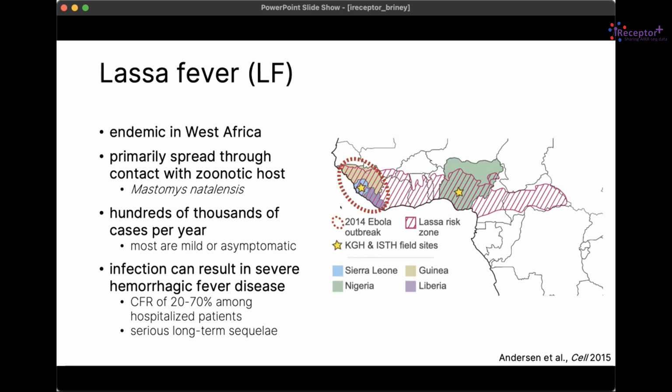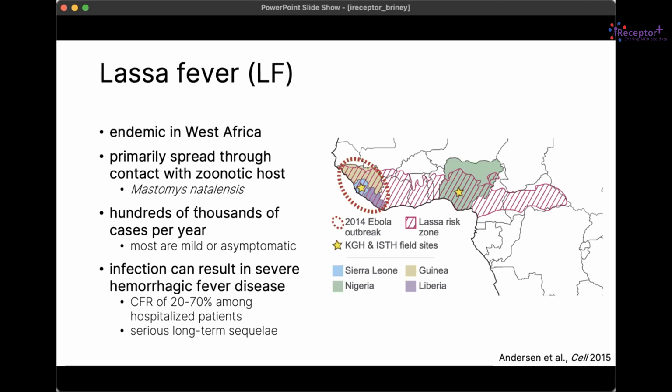We can see shaded here the Lassa Fever risk zone. At the center of that risk zone is Sierra Leone, the blue country there, and Kenema Government Hospital, KGH, is marked there with a star. We have a close collaboration with Kenema Government Hospital, which treats the largest number of Lassa Fever cases in West Africa per year.